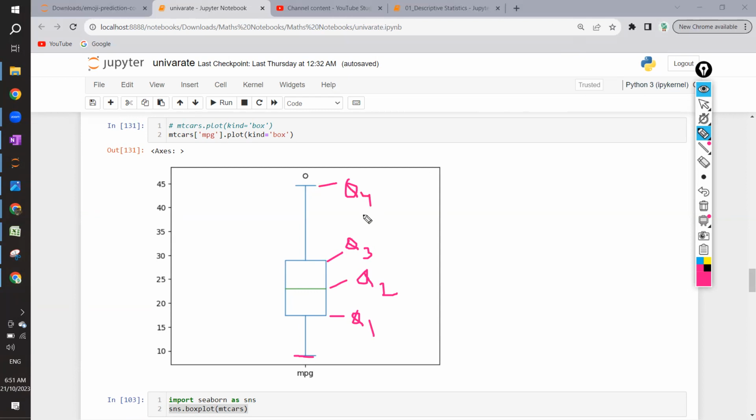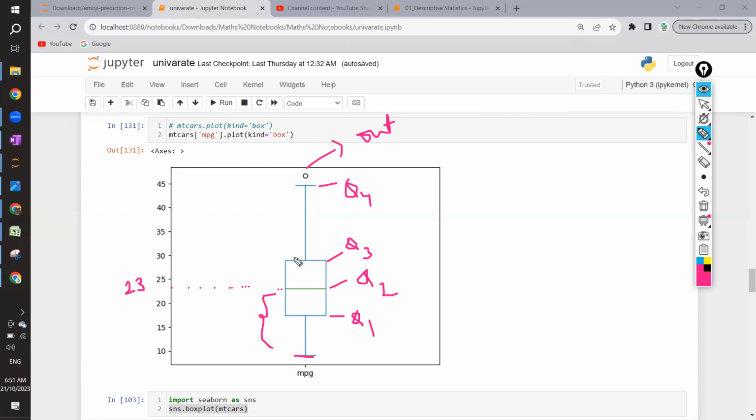I can understand there is only one outlier, and the median is somewhere around 23, correct? That means 50 percent of values will be less than this.